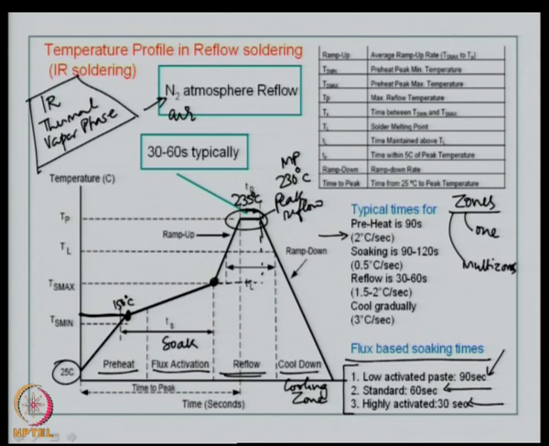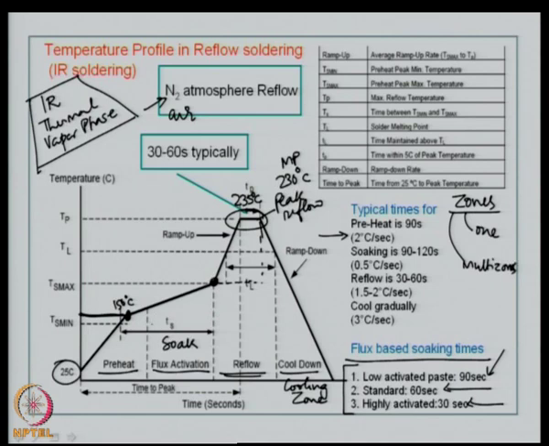So, the rate of heating will be different for the preheating zone, soaking zone and the reflow zone. Reflow zone activity should be fairly less time consuming, because you do not want to expose the board, the components and exceed the temperatures that are defined for thermal shock of components and so on.